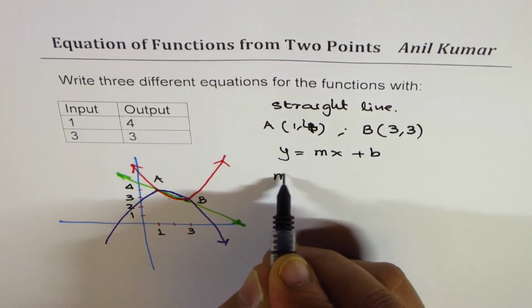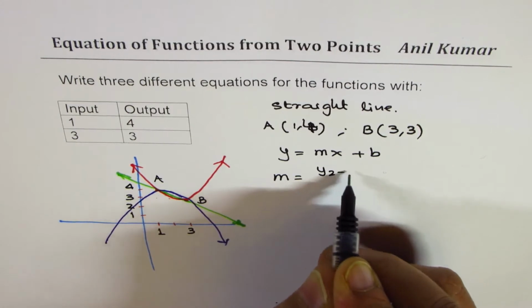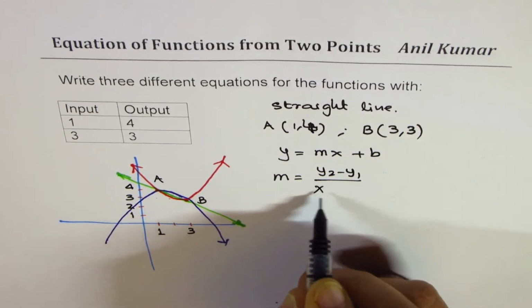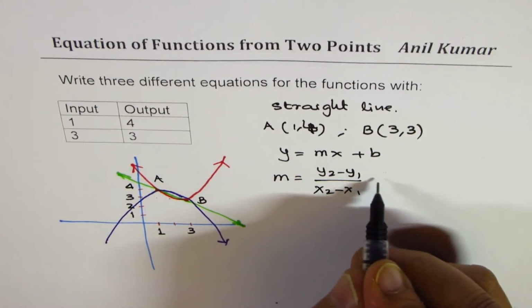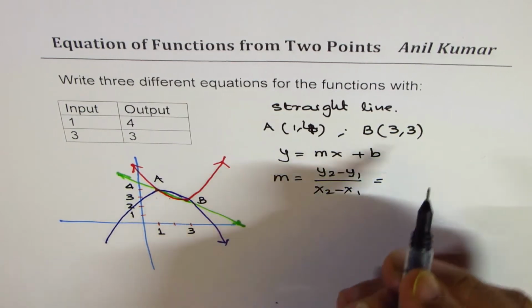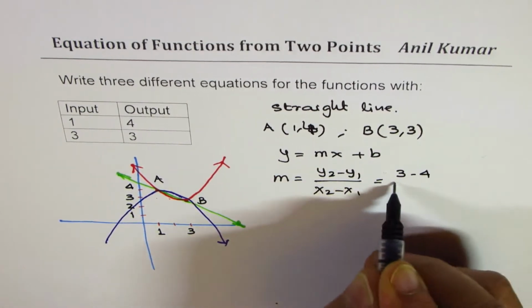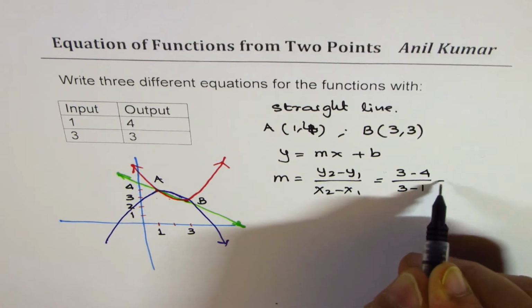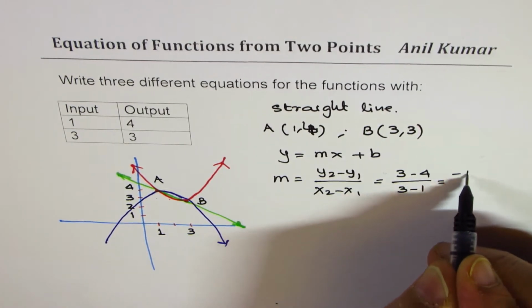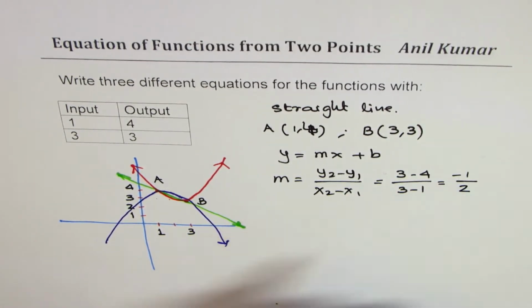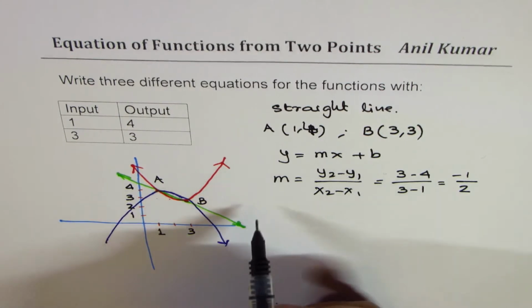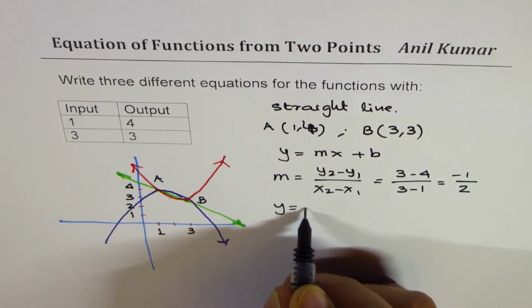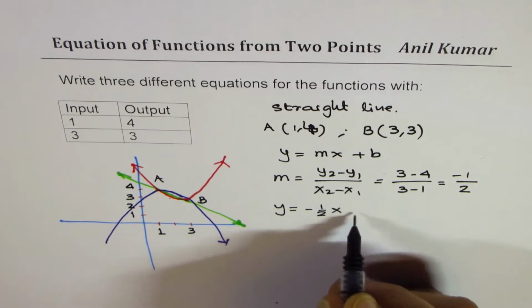To find m, we'll do y2 minus y1 over x2 minus x1. y2 is 3, let's say. So it's 3 minus 4 over 3 minus 1, which gives us minus 1 over 2. So that becomes the slope. So the equation could be y equals minus half x plus b.